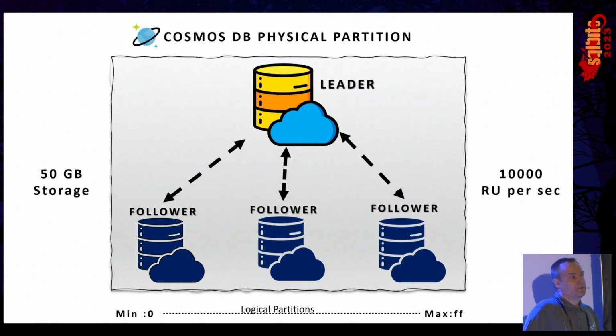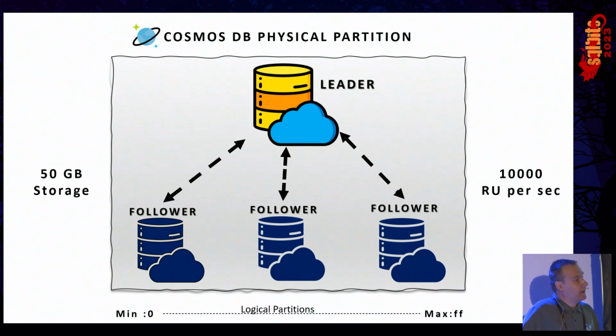So as I said before, you cannot change anything here, but there are 2 numbers here that you really need to know by heart. The first one is the storage limit. One physical partition can deliver only 50 gig data. If you are going to pass 50 gig data, then that means you're going to have another physical partition. That means you're going to end up with 8 computers. And also the 10,000 request units per second.